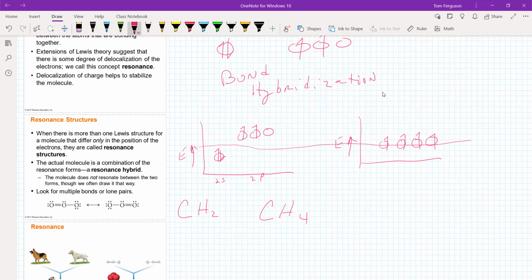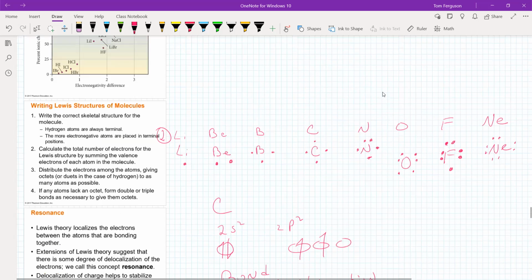Silicon underneath carbon has got the same thing. So carbon undergoes bond hybridization.